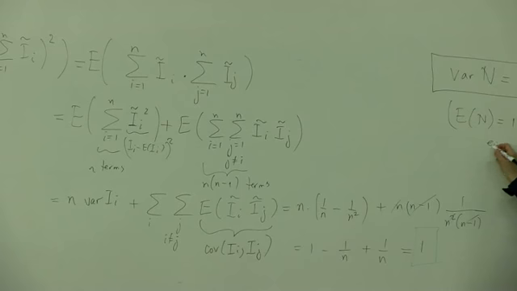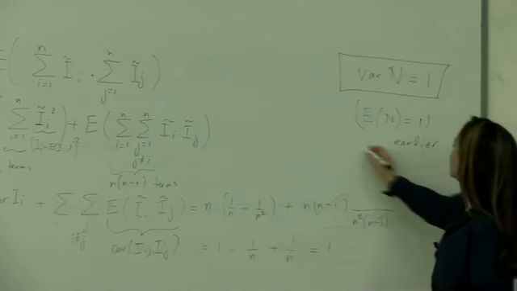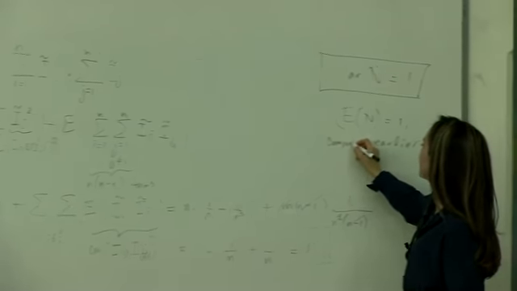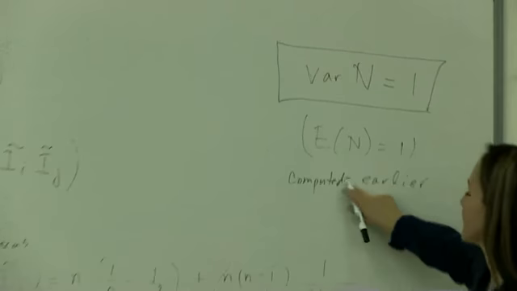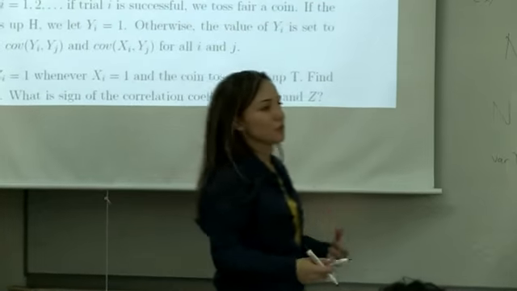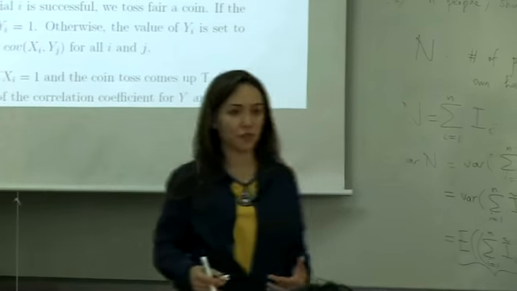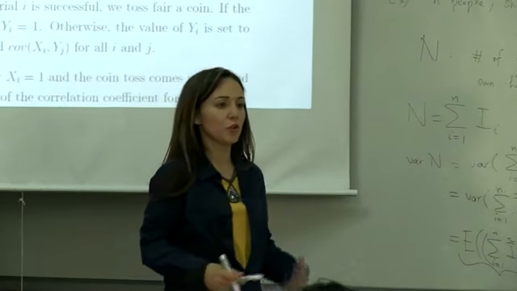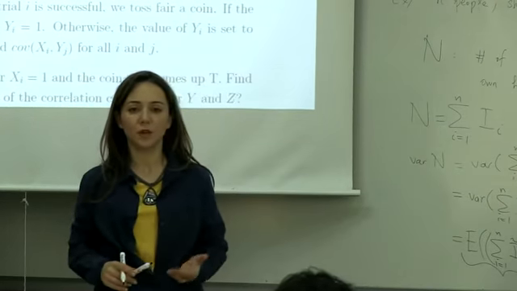We computed that earlier. Okay? So, I think this was a nice exercise, as I said, of some probabilistic identities together with the concept of covariance. Any questions?